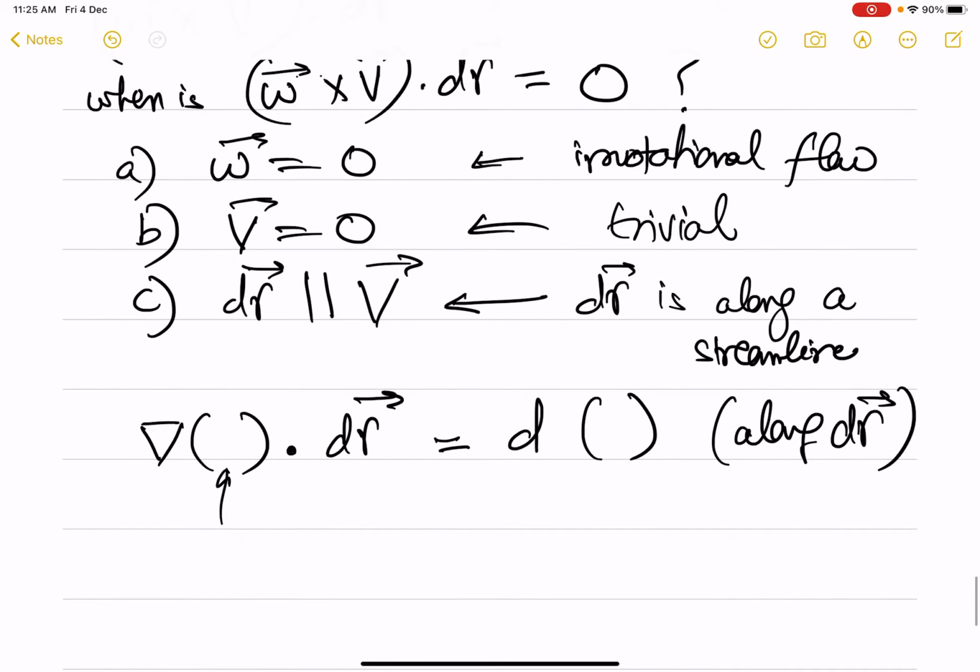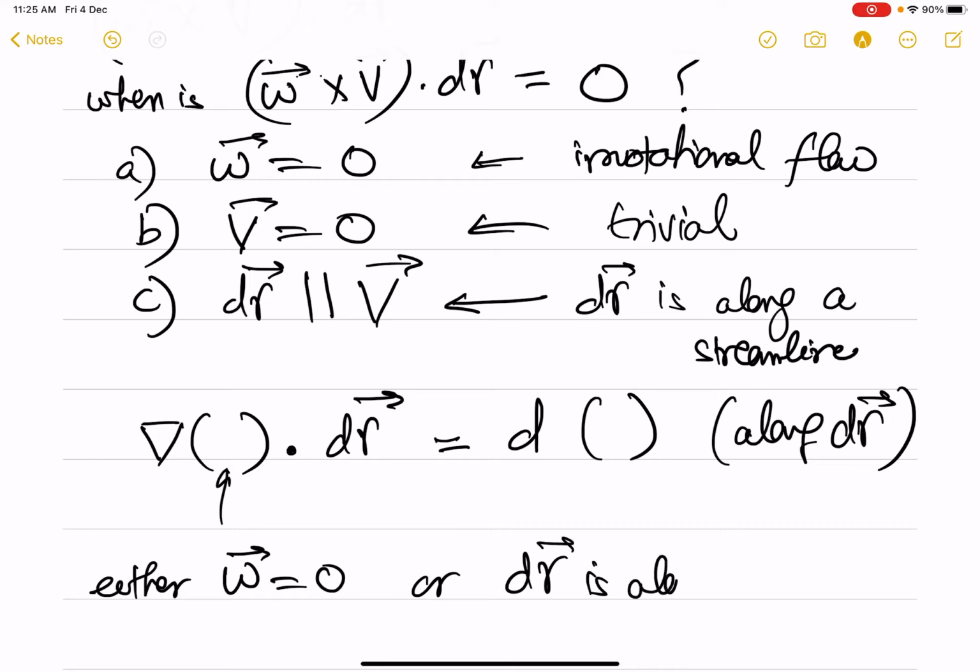Let us say that either in the flow omega is 0 or dr is along a streamline.